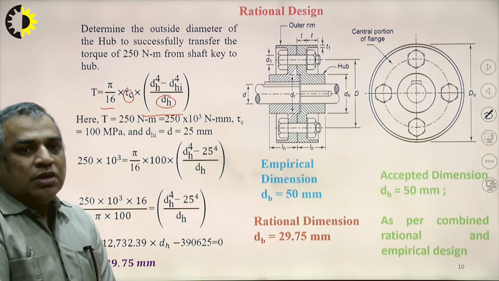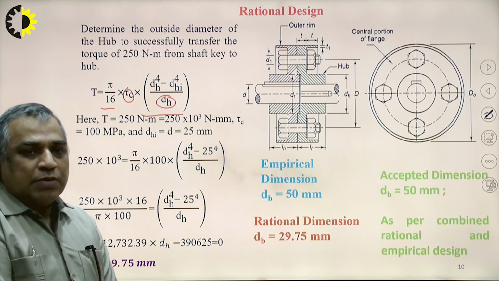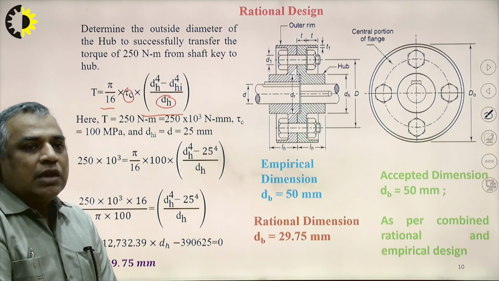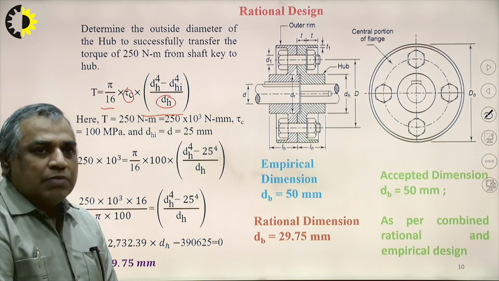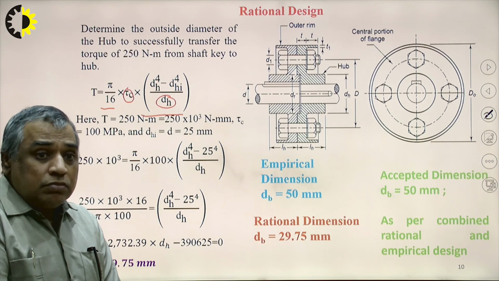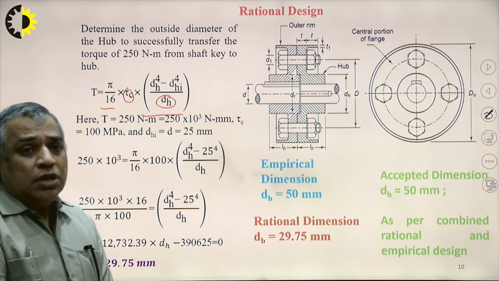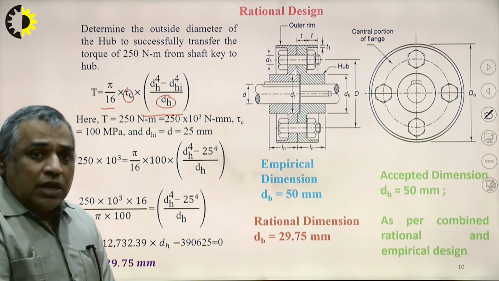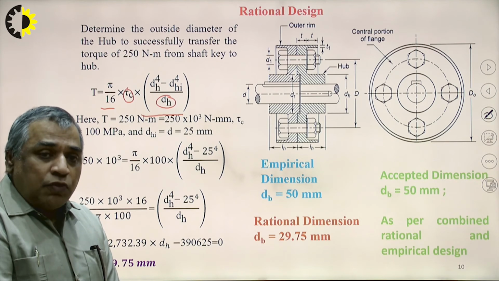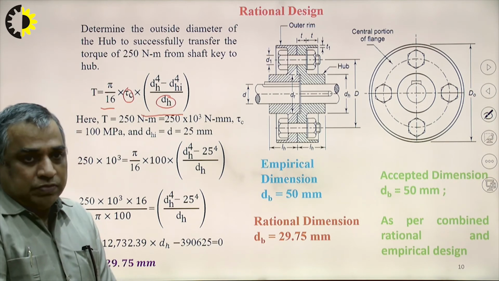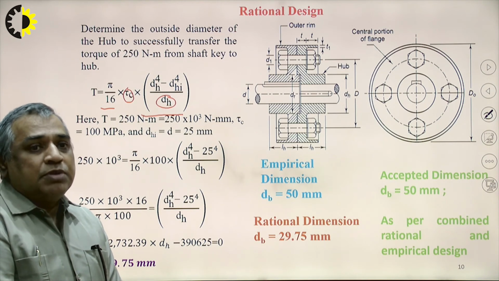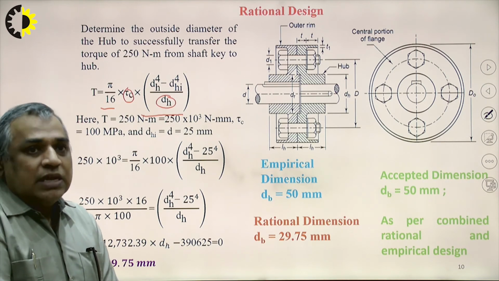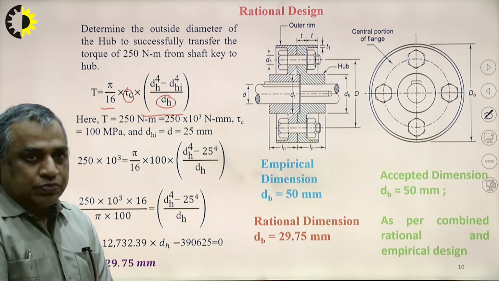So we will recommend the hub diameter equal to 50 millimeter. So this is called the combined and rational design. If our rational dimension comes out to be 54 millimeter, for example, then the dimension we will recommend is 54 millimeter. We will never recommend a dimension less than the empirical dimension if empirical design is available and the material remains the same.